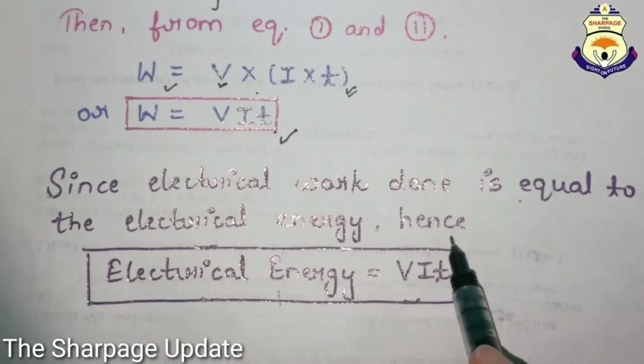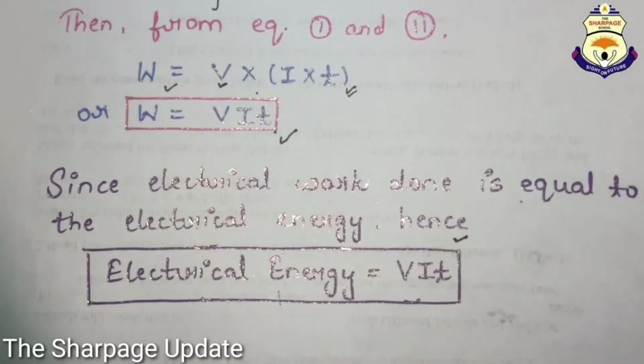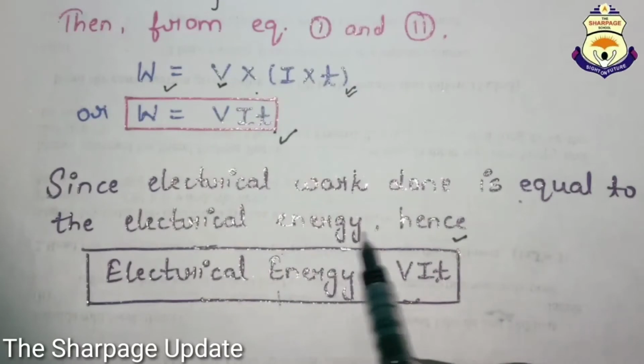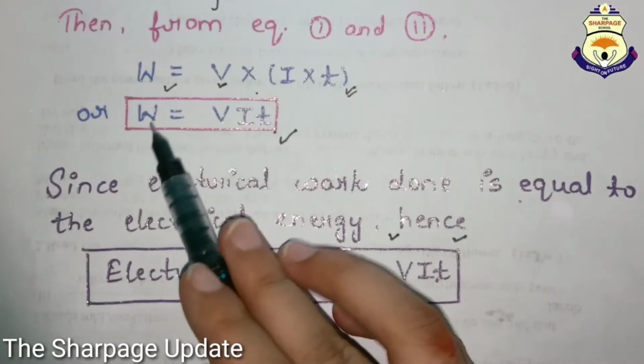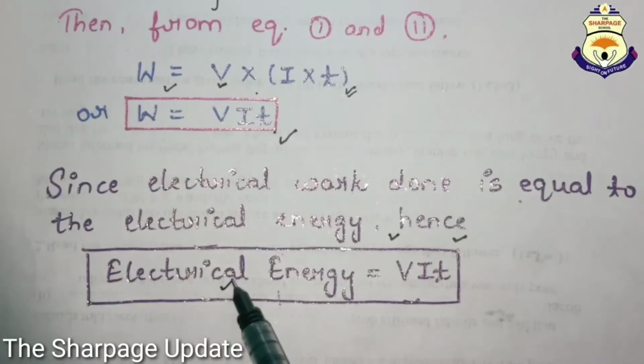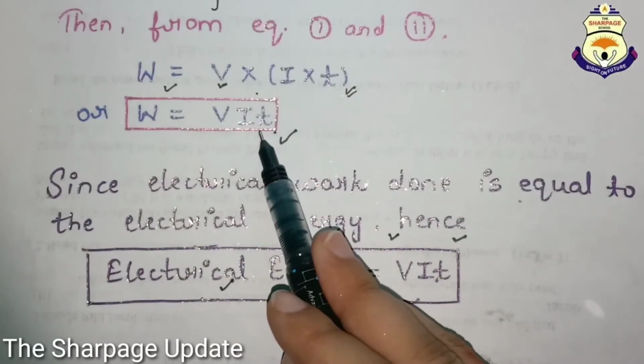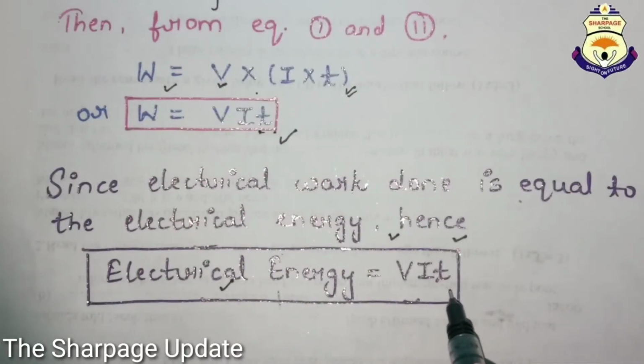As electrical work done is equal to the electrical energy, W will be equal to electrical energy. So electrical energy will be equal to V into I into T. SI unit of electrical energy is joule.